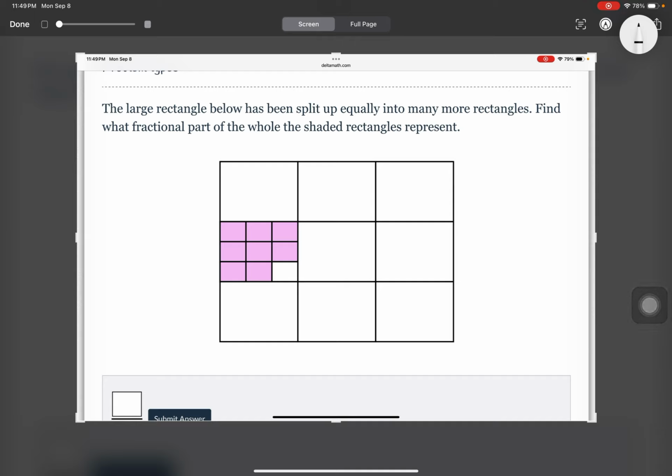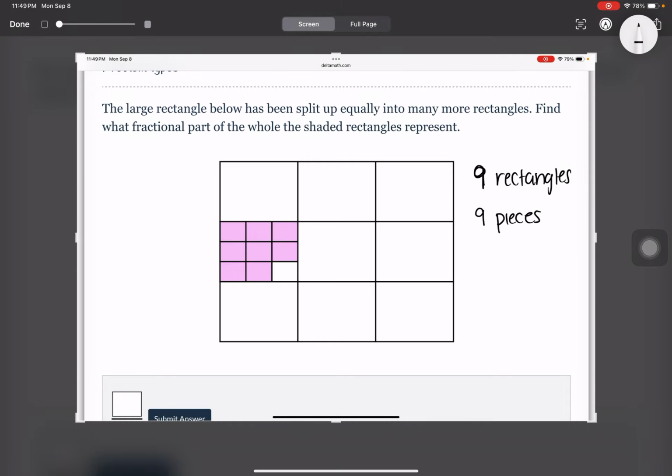Where do I want to write it down? Here, let's see. We have 9 rectangles. And then each has 1, 2, 3, 4, 5, 6, 7, 8, 9 sections, 9 pieces per rectangle.